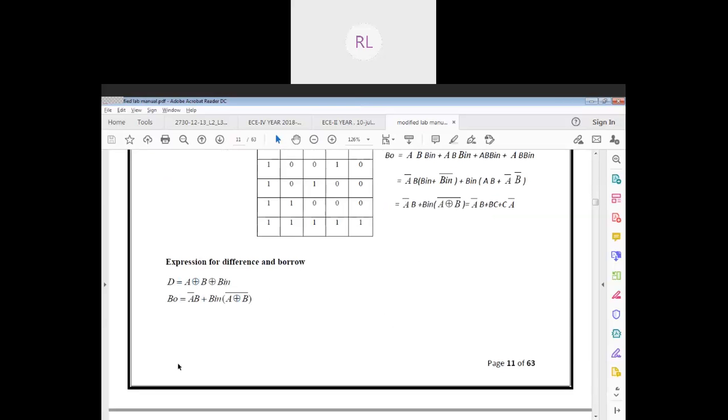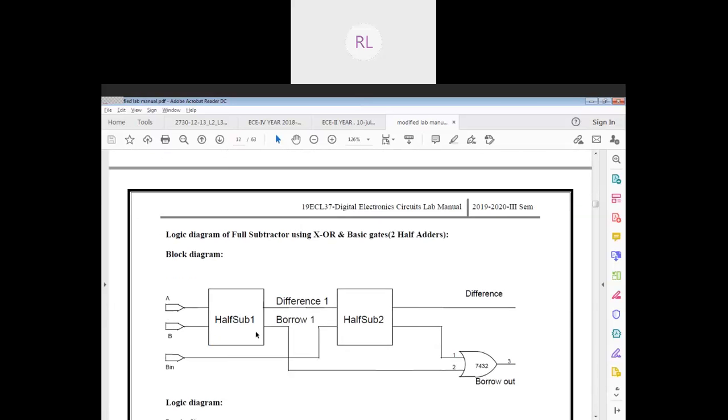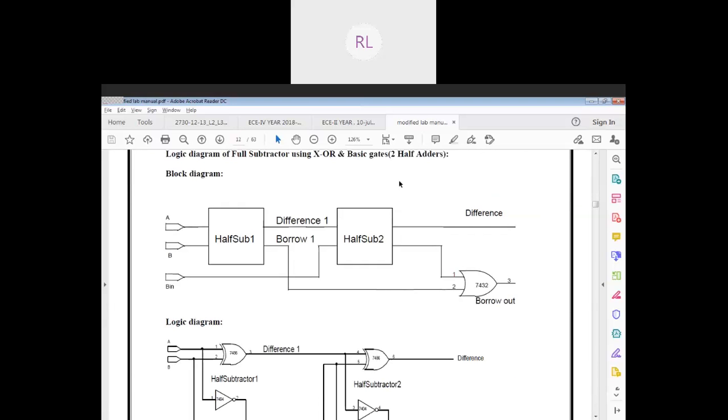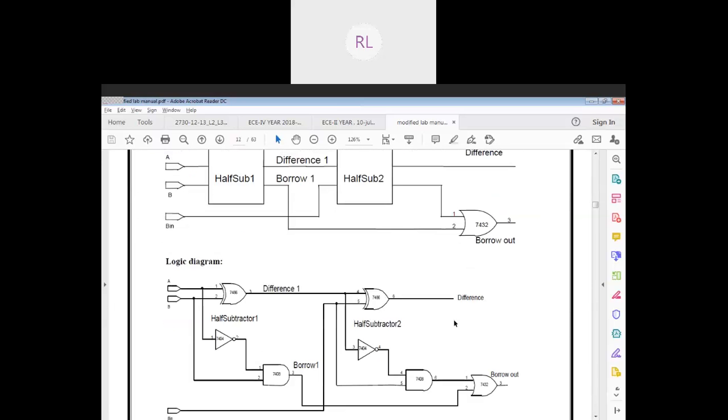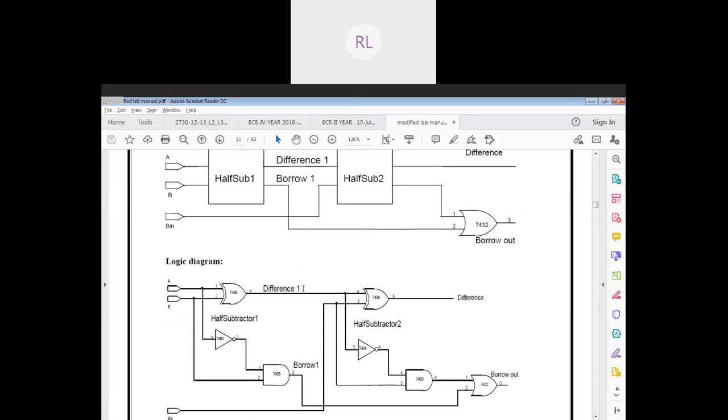Extending the capabilities of your subtractor, we will learn about the full subtractor. Here also you have difference and borrow, just that you have borrow out and borrow in. Our 3-bit combination is going to run from 000 to 111, and we will obtain the values for difference and borrow.